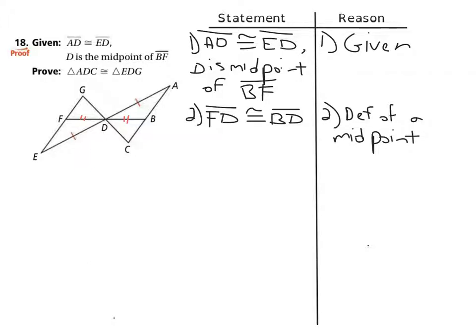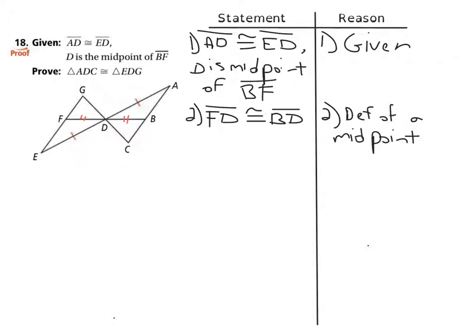And by the way, which triangles are we trying to prove? That ADC is congruent to EDG. Well, if we can prove that the yellow ones are congruent, then we have this common angle that they share being congruent. And that would be really helpful for the triangles that we're trying to deal with. So let's prove that.